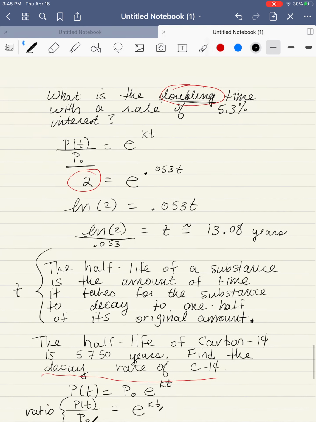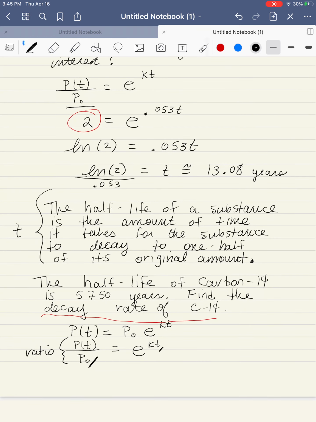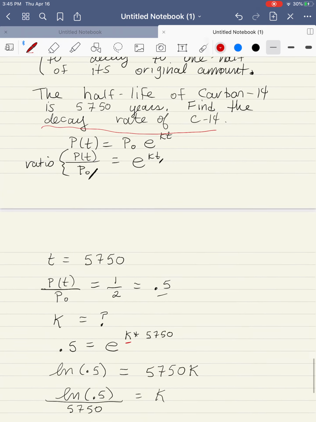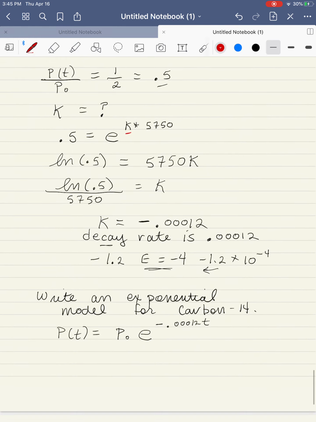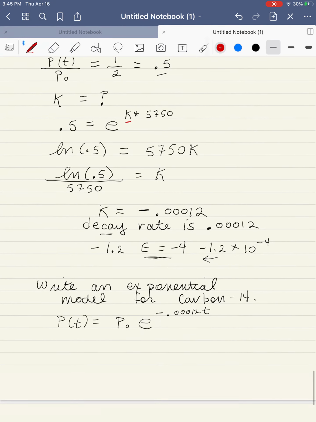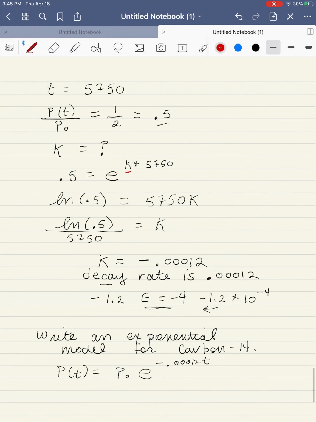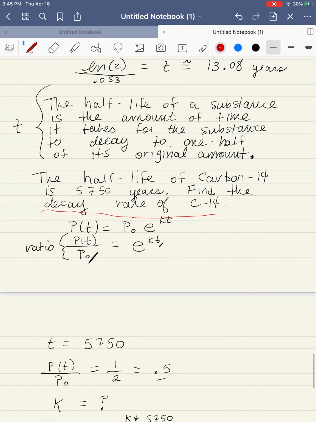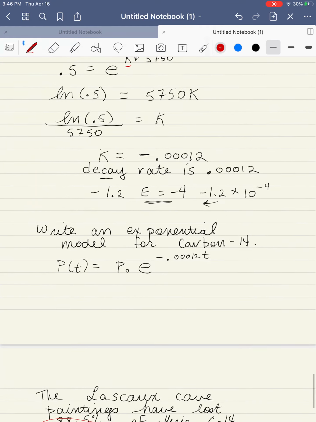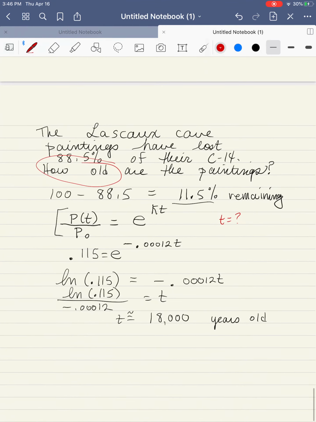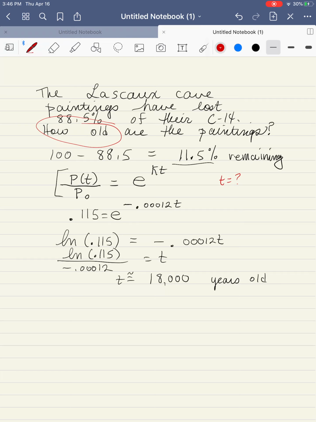So what we learn in this lesson is that sometimes we don't know the original amount or the ending amount, but what we know is the ratio, or the comparison, of those two things. And we can use that to solve problems with doubling time, half-life, or even some other percentage.